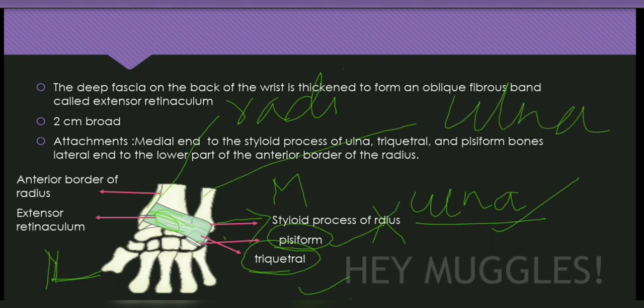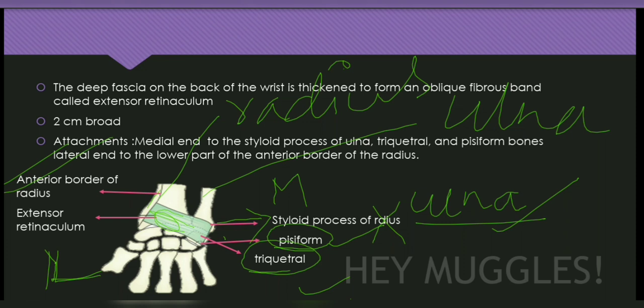Ulna is the medial bone and radius is present laterally. So the lateral aspect of extensor retinaculum is attached to the lower part of the anterior border of radius. So this was about the attachment of the extensor retinaculum.